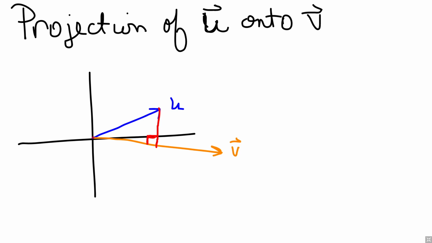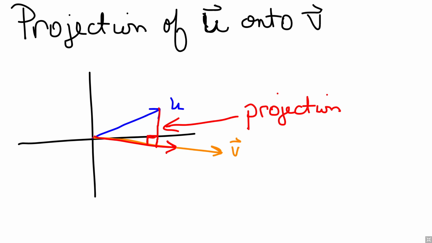So what it's doing is taking this vector u and putting it on the vector v. When we use the formula for the projection, we're trying to figure out what that perpendicular distance is. That perpendicular distance is the projection.